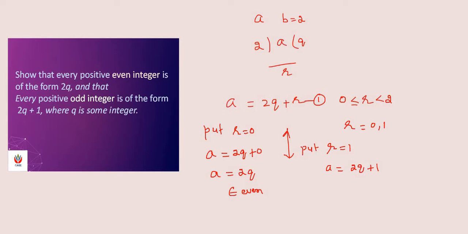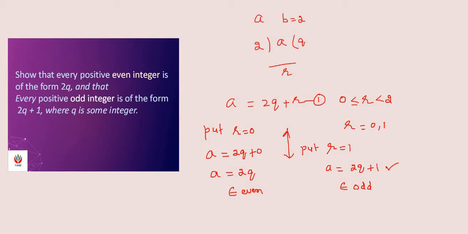So here a is equal to 2q plus 1. This is the odd number. If you divide by 2, you are getting the remainder as 1. 2q is completely divisible, whereas 2q plus 1 means you are getting remainder 1. So this belongs to odd numbers.